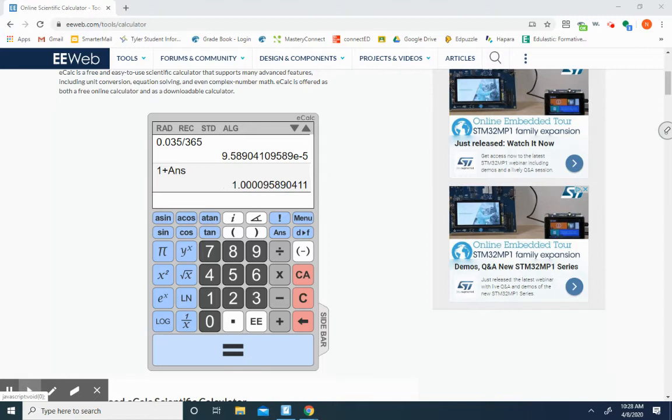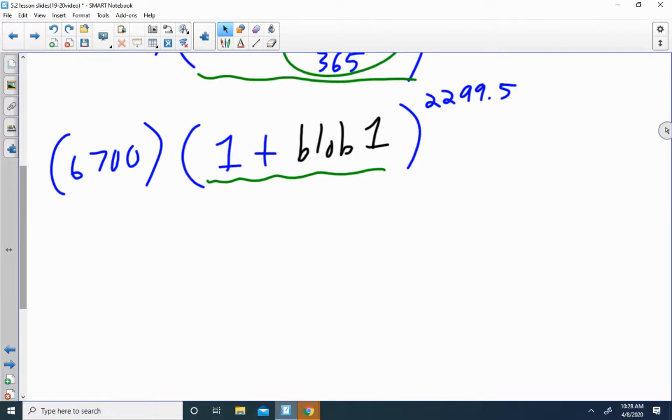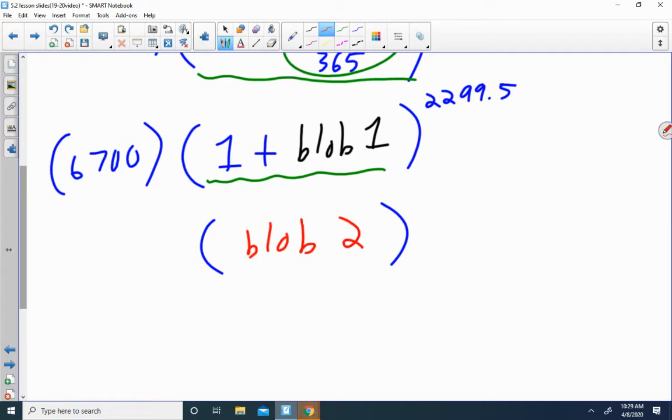That's going to be our new blob. We're going to call this blob number 2. Back to the calculator. We just did 1 plus blob 1, which got us blob number 2. Still raised to the power of 2299.5. Still multiplied by 6,700.